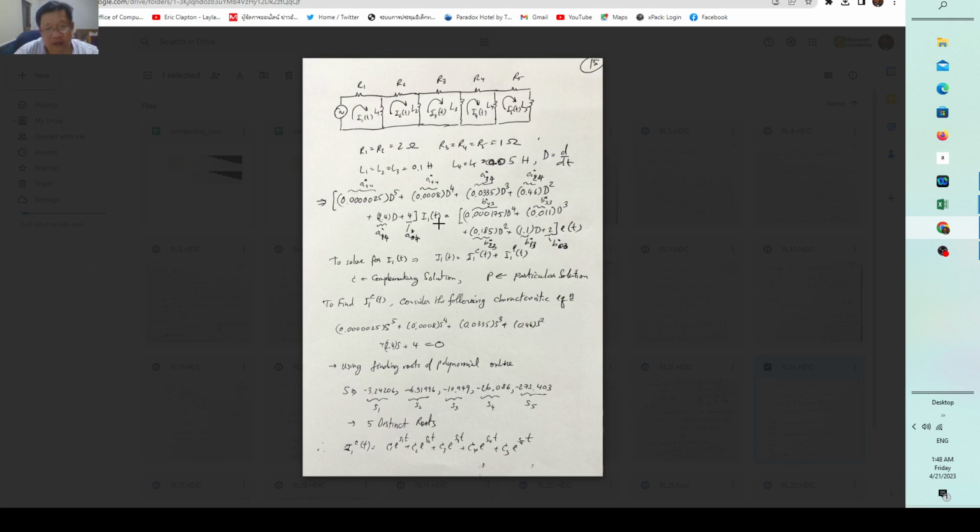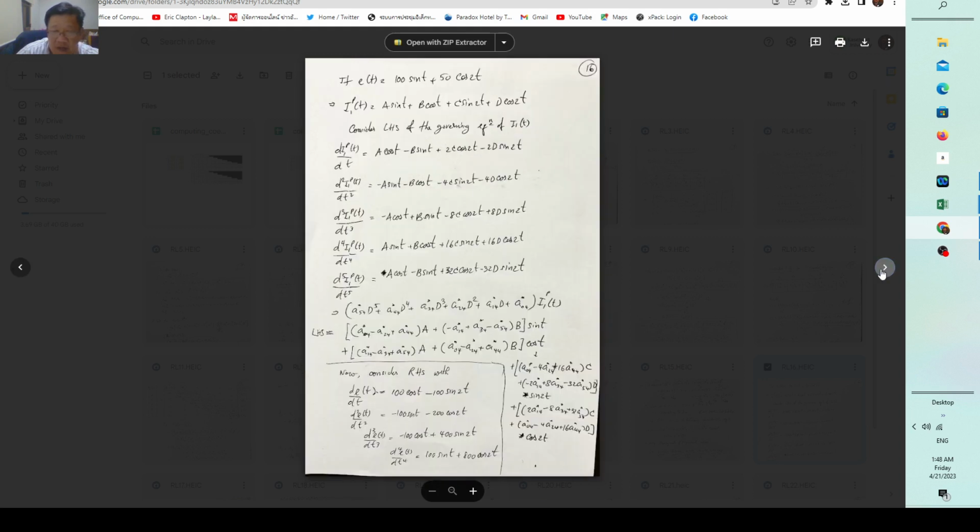Now you consider the effect on the particular solution of i1(t), which you might call the steady state solution. i1(t) can be multiplied by 4, it's just a constant, but when multiplied by 2.4 times d, you find the derivative of i1(t). And the second derivative, third derivative, fourth derivative, and fifth derivative. That's what you have to do here.